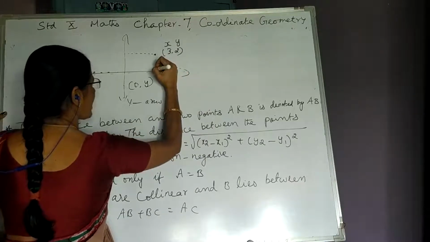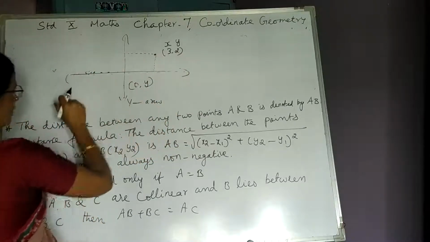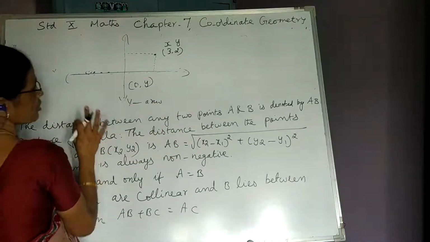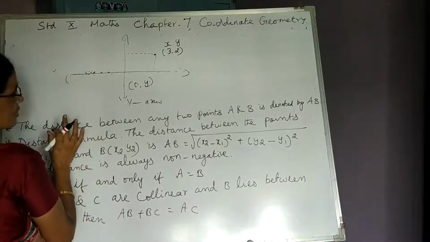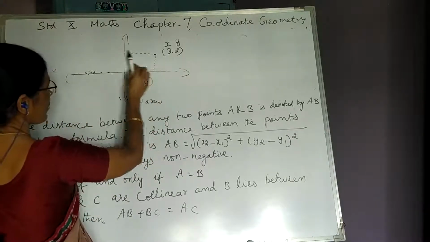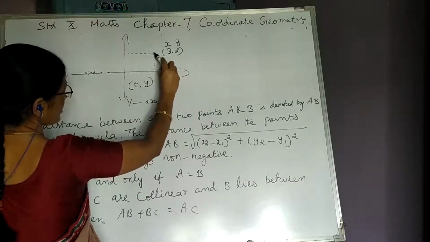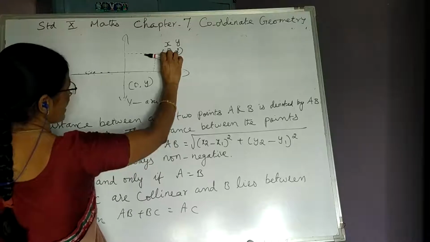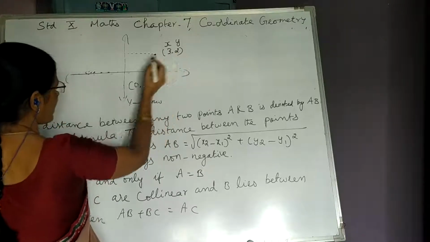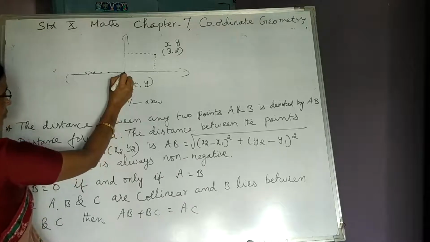The distance of any point from the x-axis is the y-coordinate. Those are the 5 points we learnt today in the first few places. The distance of any point from the y-axis is the x-coordinate. The distance of any point from the x-axis is the y-coordinate. Then the coordinates of the origin are 0, 0.